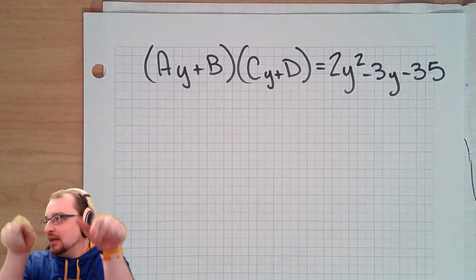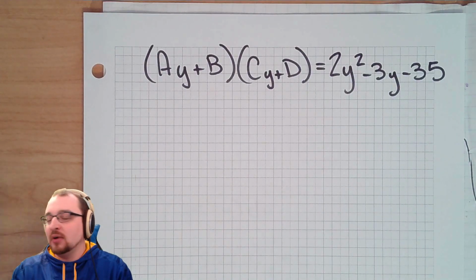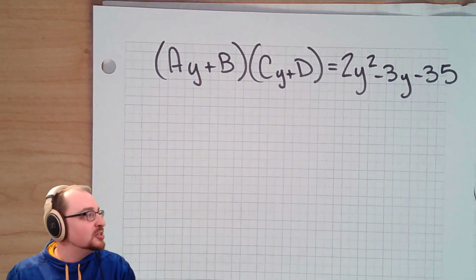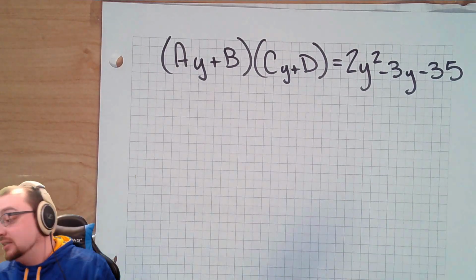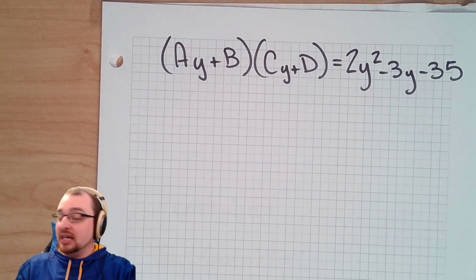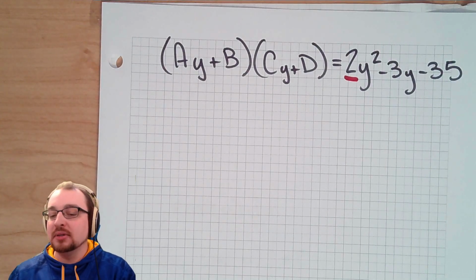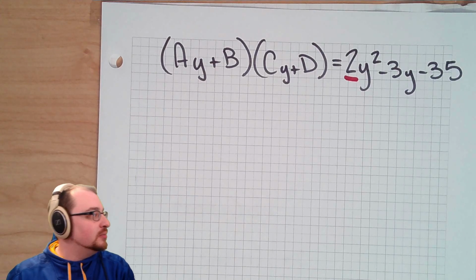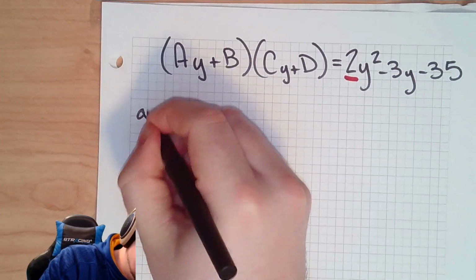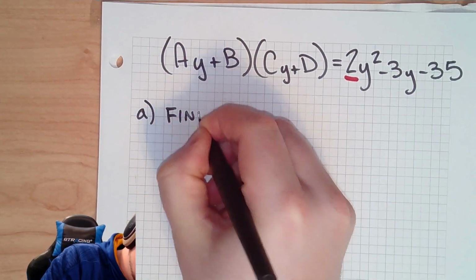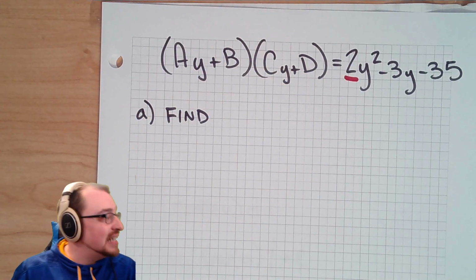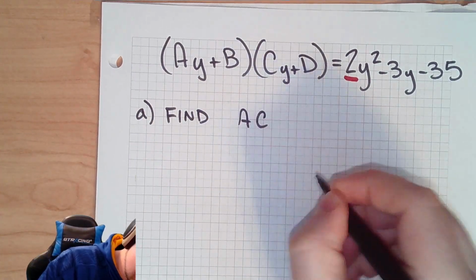We do that all the time. We write little brackets underneath and we try to fill out what A, B, C, and D are. So it's going to help us do that. Notice the catch is, unlike what we've been doing in our previous days, there's a 2 here. So that's going to be a little bit trickier. So the first thing it asks us to do is actually not to factor this. It says find AC and BD.